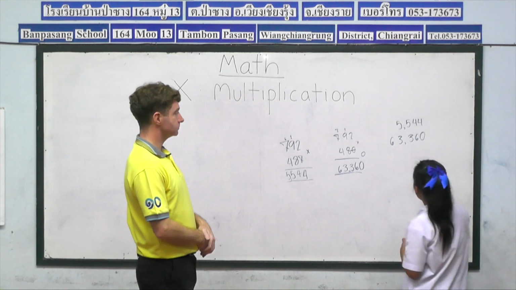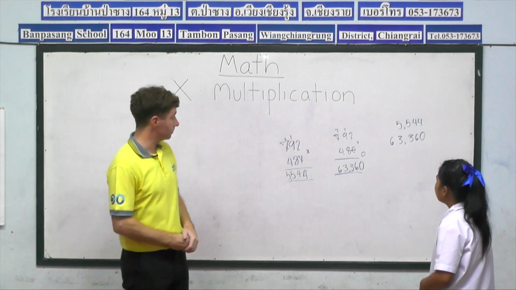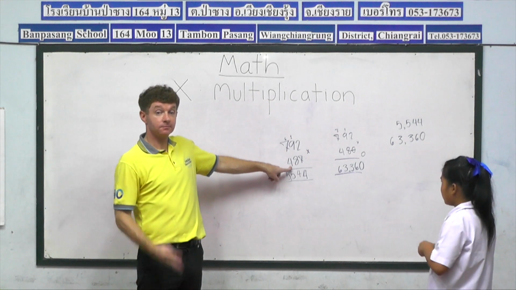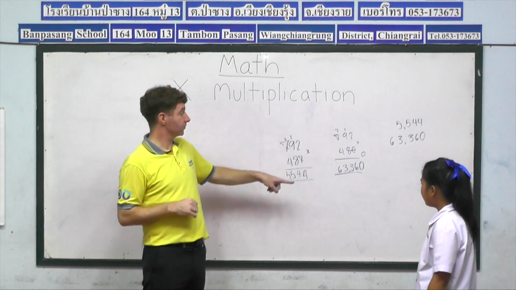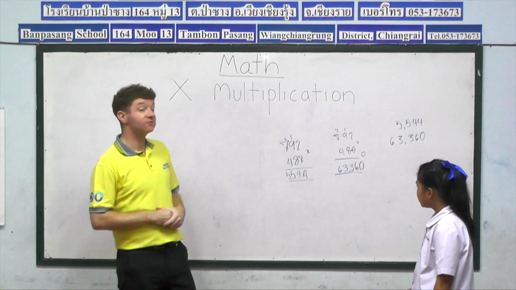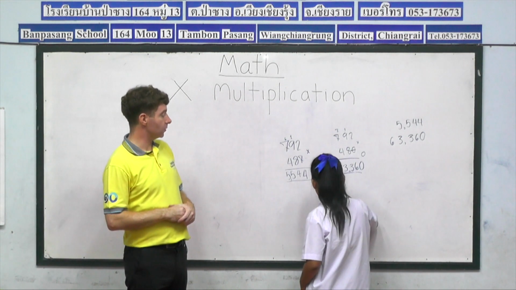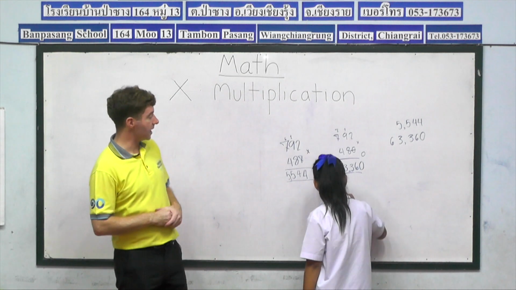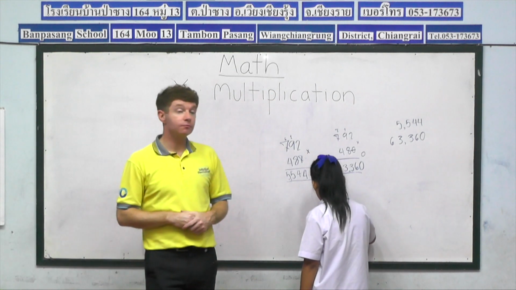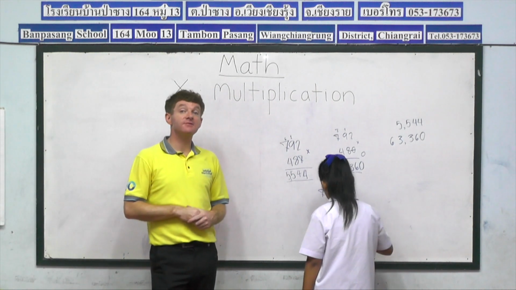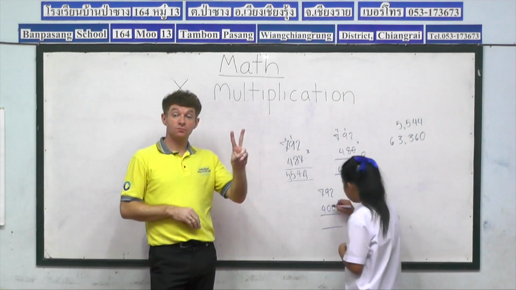Excellent, Lakau. Okay, now for our final column, the hundreds. How many hundreds do we have? 4. So our final calculation, 792 multiplied by 400. Now note this time, guys, how many zeros? 2 zeros.